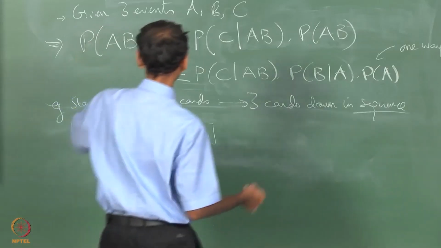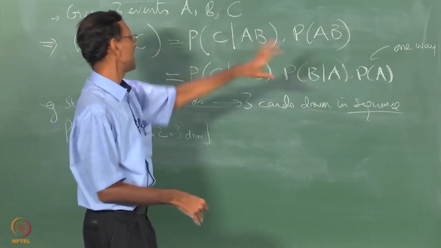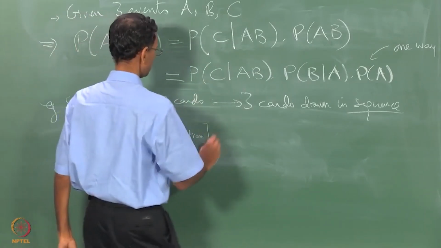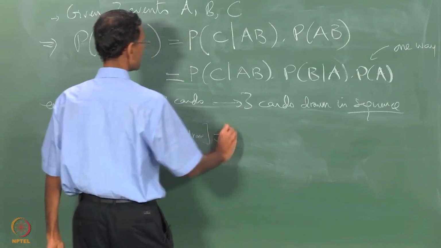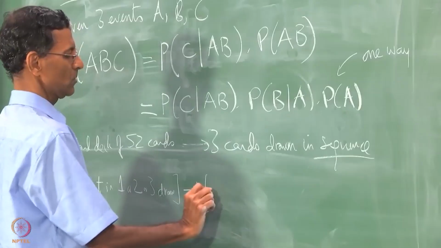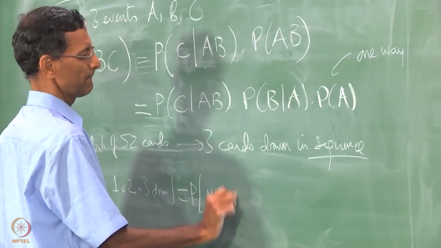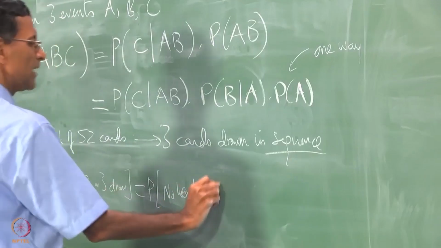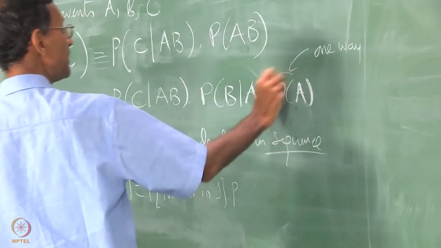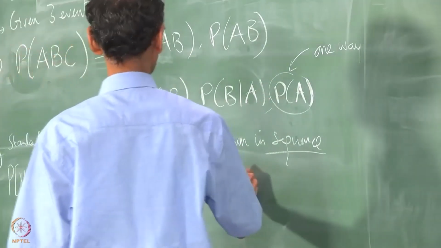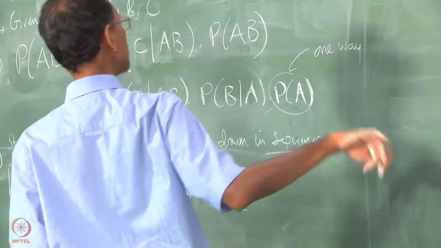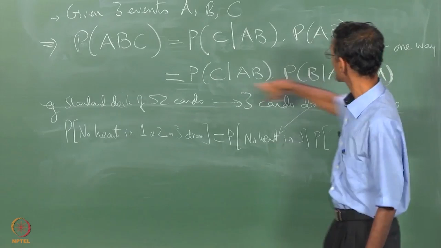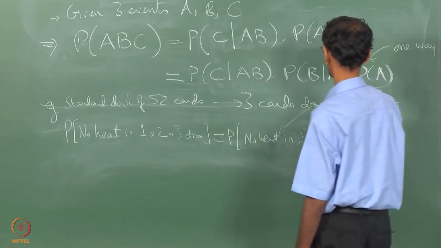So please associate the first draw with A, the second draw with B, and the third draw with C. Therefore this is P of no heart in 1, that would be P of A. That's the easiest one. You'd proceed only in this sequence, starting with P of A, then the first stage, second stage, third stage.